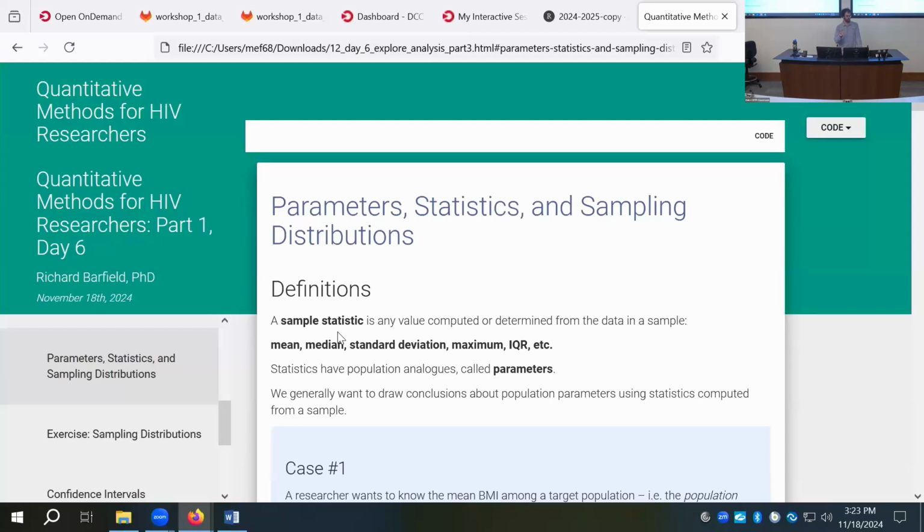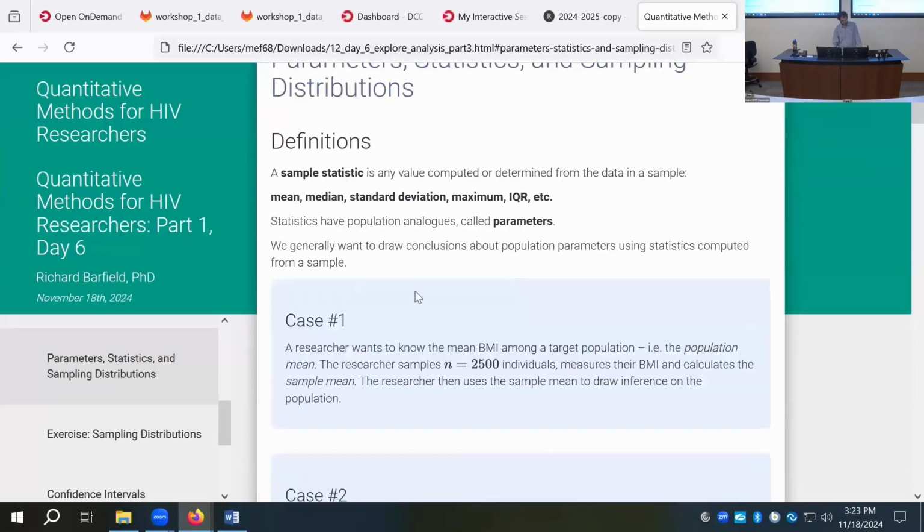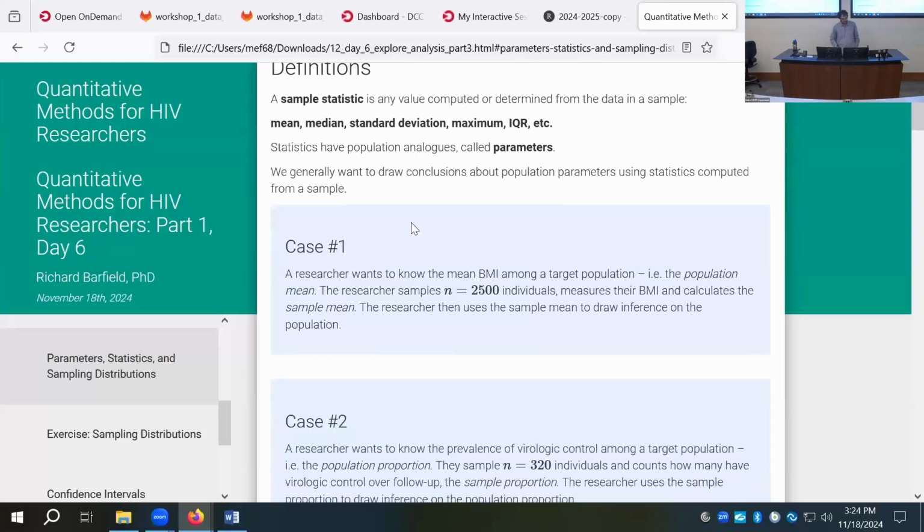And their population analog is called a parameter. You can't actually observe the population mean parameter, but you can estimate it with the mean of your sample. So we try to draw conclusions about that population parameter of interest by using some statistic calculated from the sample.